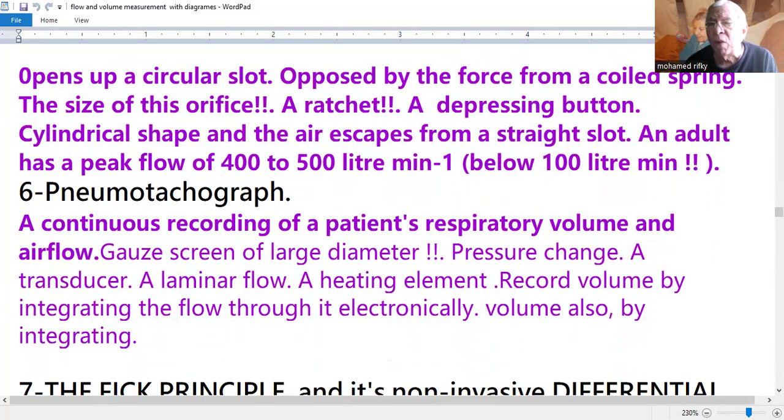The pneumotachograph is another method to measure the volume of a gas. It is made of a mesh. This mesh is large enough to maintain a laminar flow. Of course, this gas going through can be affected by the type of the gas or by the density or the temperature.